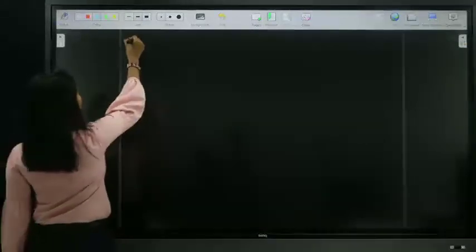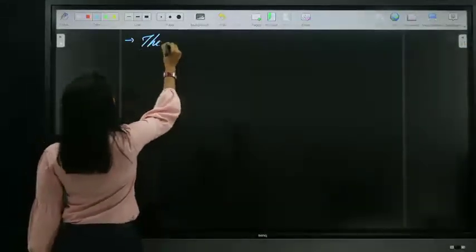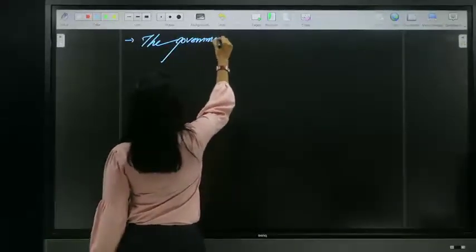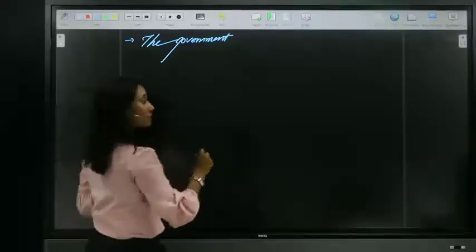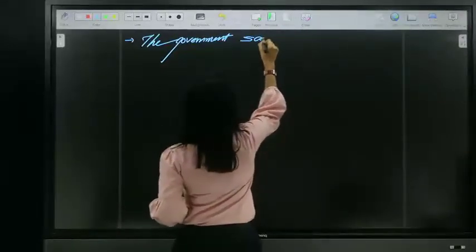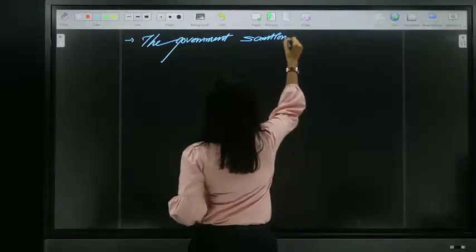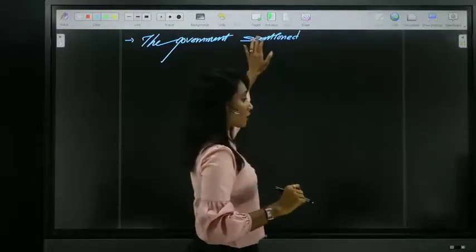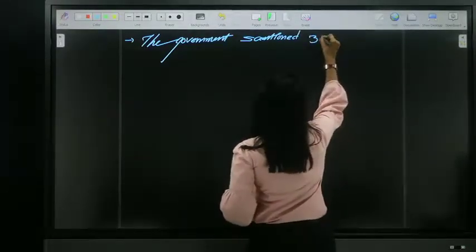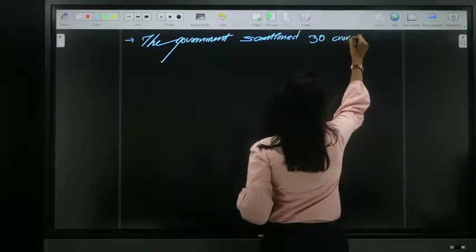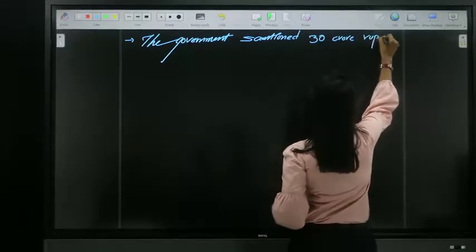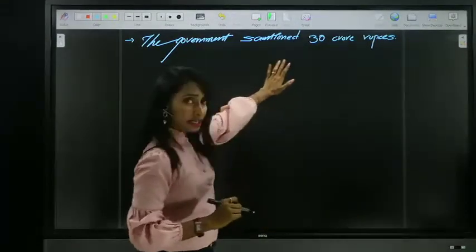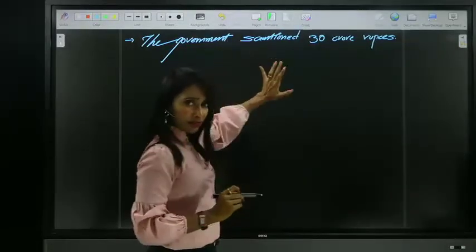Look at this sentence. The government sanctioned 30 crore rupees. Government is subject, sanctioned is verb. Now, if you look at this sentence, can you tell me where is the error?